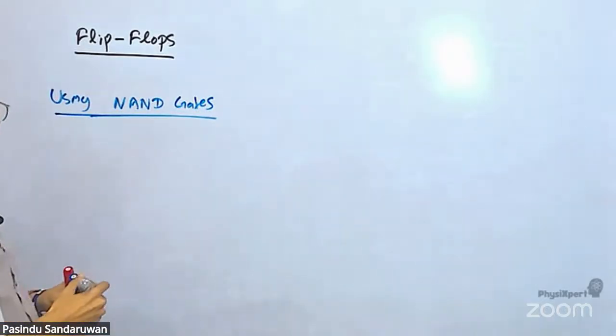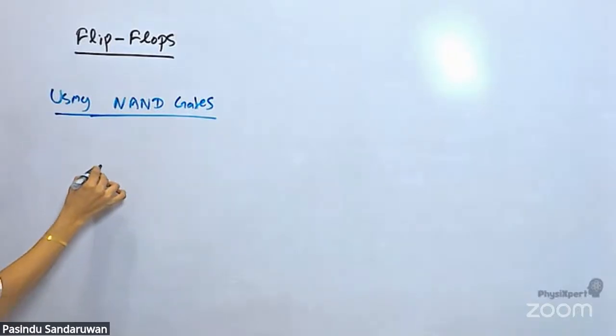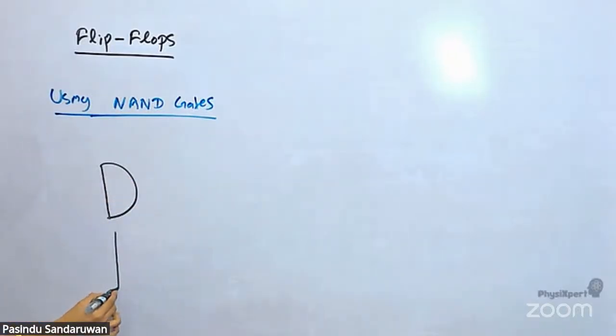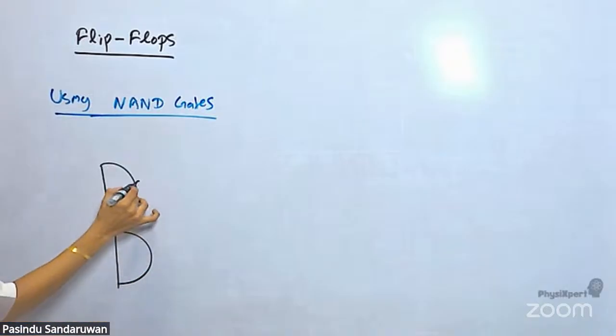Replace those NOR gates with NAND gates and draw the flip-flop and complete the truth table.